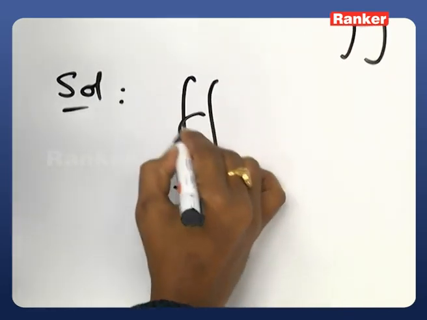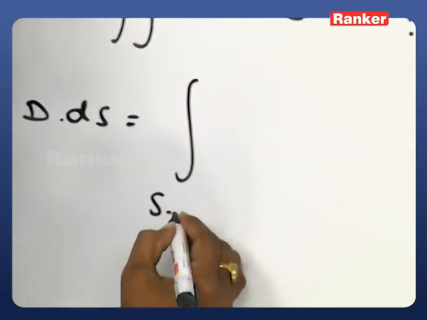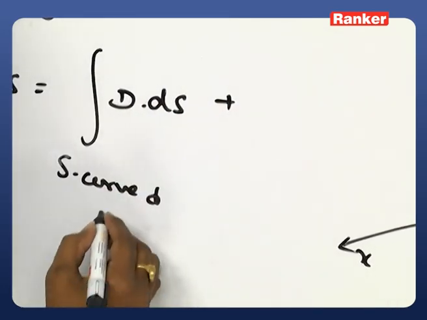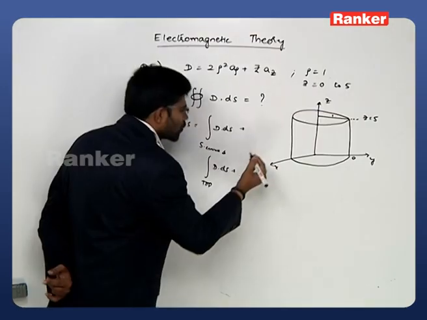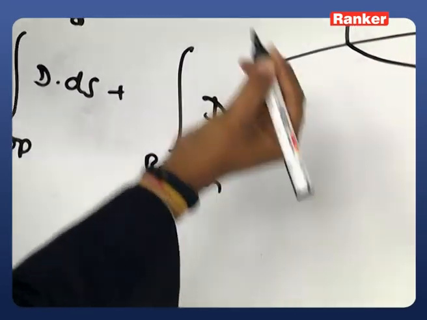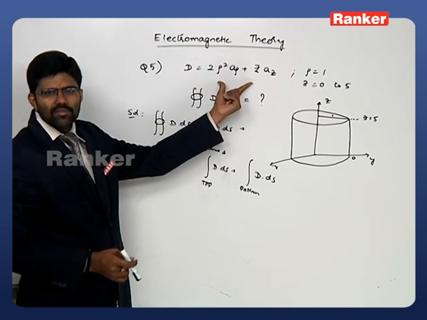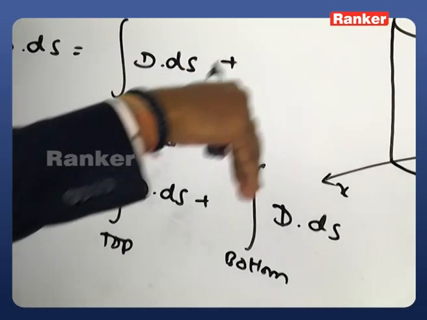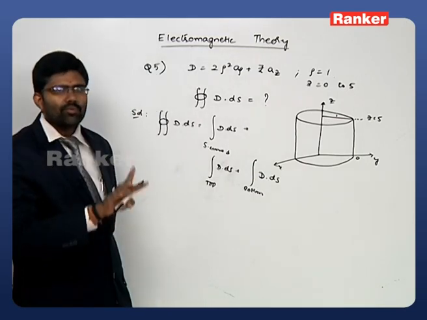The total closed surface integral of D·dS is equal to the curved surface D·dS plus the top surface D·dS plus the bottom surface D·dS. Here clearly observe, in all these cases D is the same, only one D function is given to us, but this dS will vary. The differential surface for the curved one, for the top one, and for the bottom one will vary.